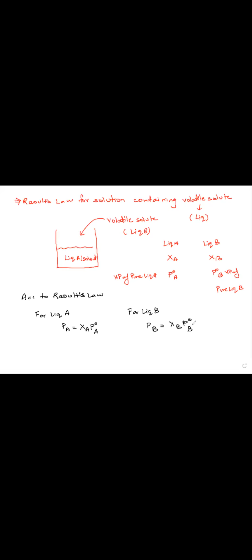Is everyone clear with the equation? According to Raoult's law for liquid A, PA is equal to XA into P naught A, and liquid B, PB is equal to XB into P naught B. Yes or no? Please, any doubt?